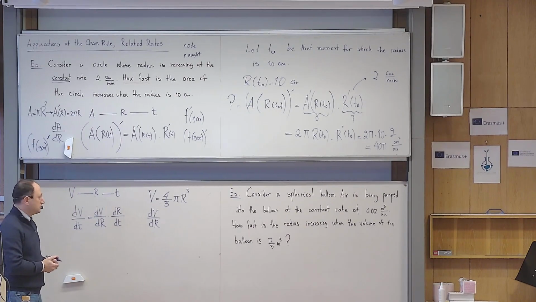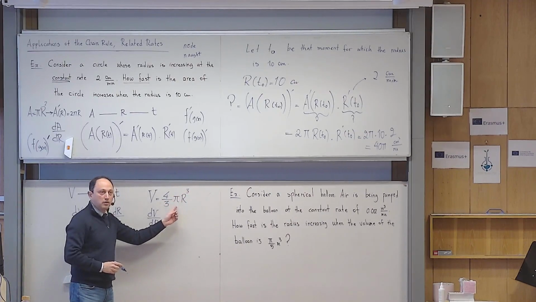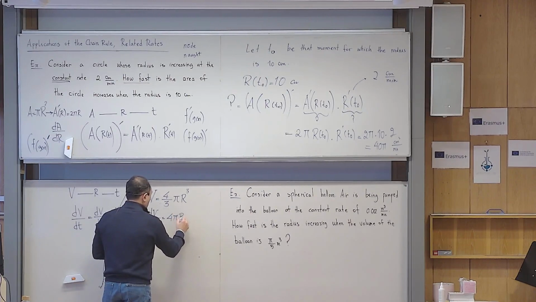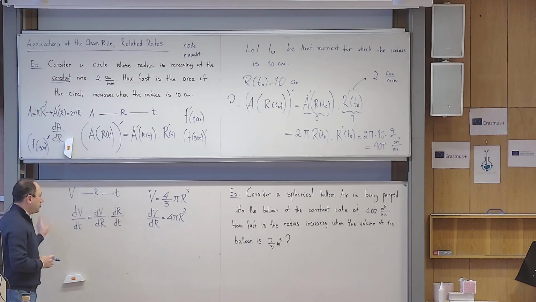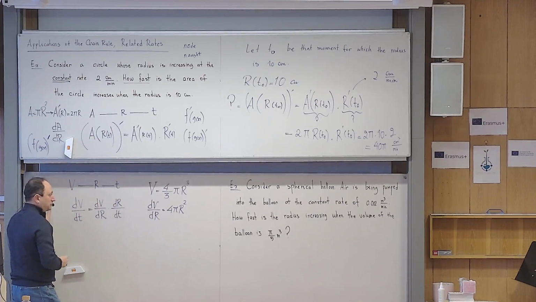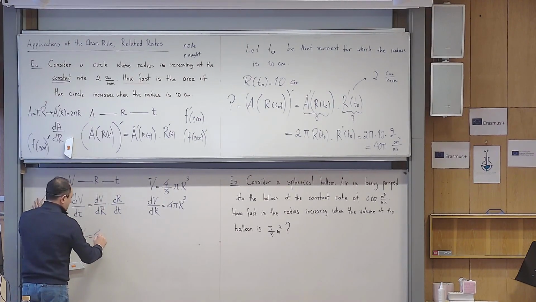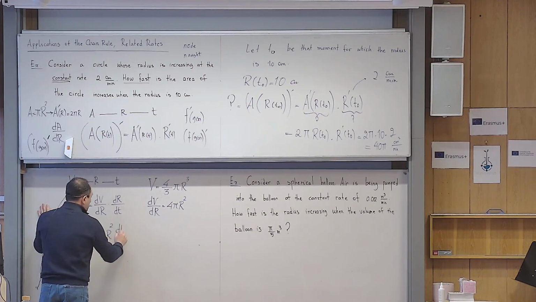So what is the answer? 4 pi R squared, because the 3 goes down and cancels that 3. I put it back here. That is the area, by the way, of the sphere. So dV/dt is equal to 4 pi R squared times dR/dt.